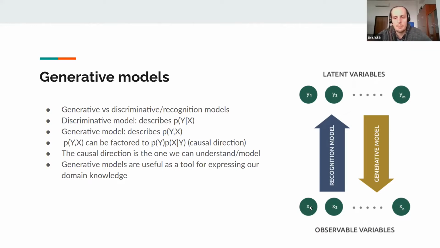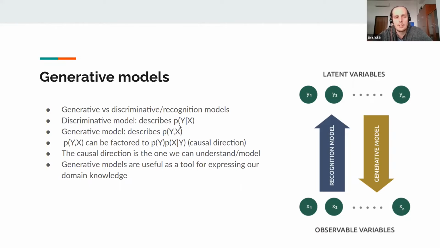This is something which we measure by some measurement device. And then we assume that there are some hidden or latent variables which somehow caused these measured variables. And we would like to estimate these unobserved latent variables from these measurable variables. And this is done by this recognition model.